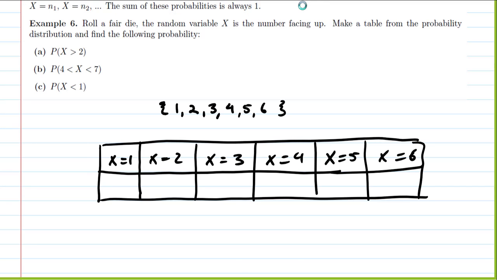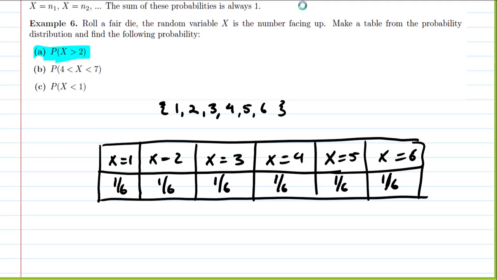So each of these are going to have a probability. They can happen one way out of 6 possible outcomes. So each of them have a probability of 1/6. So if I were to look at my events, we want the probability that x is bigger than 2.